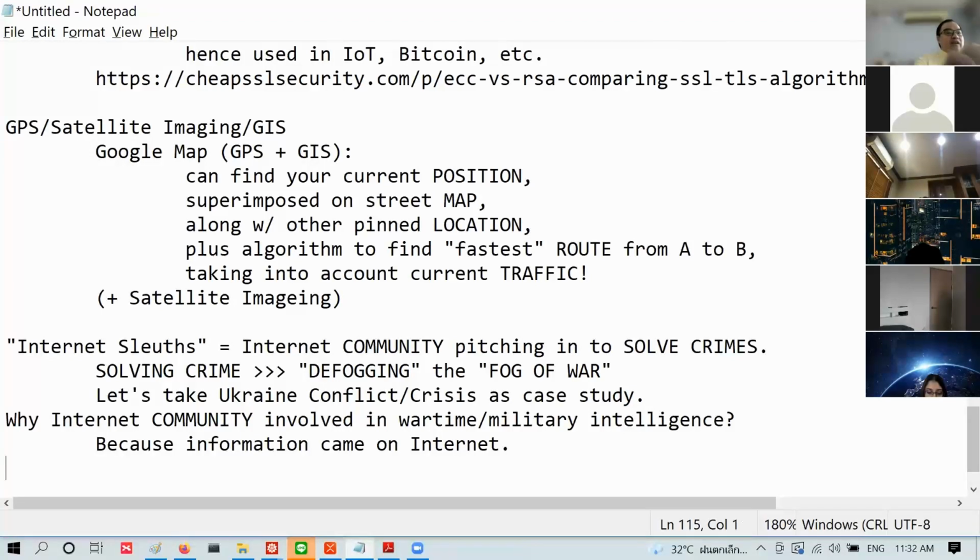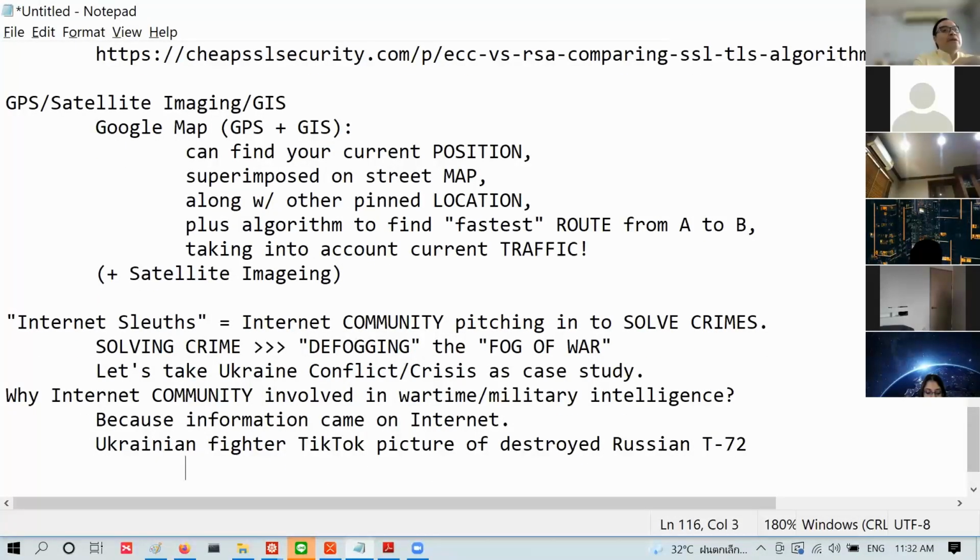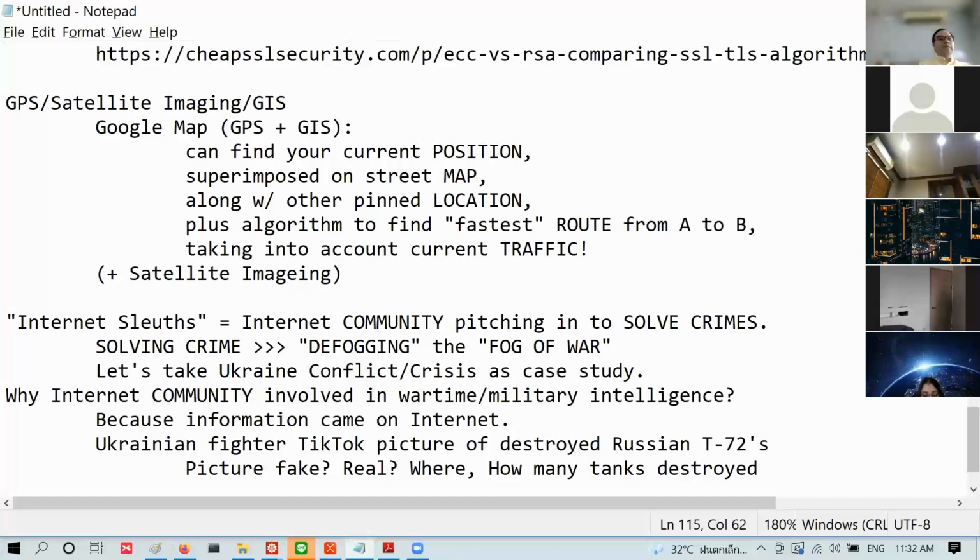Now you have, say, a Ukrainian fighter on TikTok with pictures of destroyed tanks. The Russian side says 72. Now, is this picture fake or real? Where? How many tanks were destroyed?